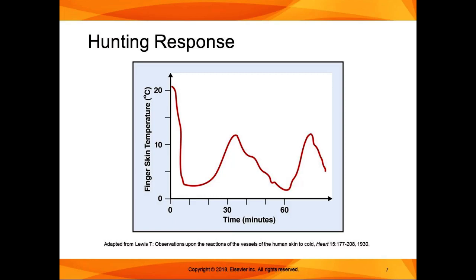But when you apply cold for longer periods of time, or when the tissue temperature reaches less than 10 degrees Celsius, which is 50 degrees Fahrenheit, you might get a vasodilation response. And it's called cold-induced vasodilation, or it's also known as the Hunting response.